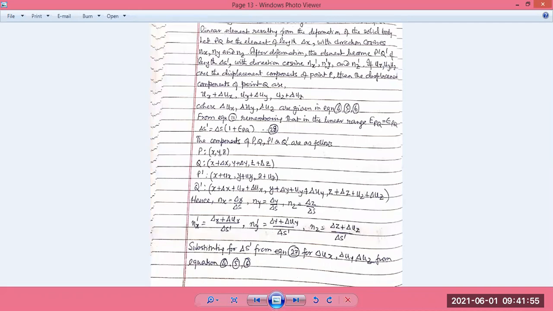Delta s dash is equal to 1 plus epsilon PQ times delta s, where epsilon PQ is the strain, or rate of change of delta s per unit length, because epsilon PQ is equal to delta s dash by delta s itself. So you replace delta s dash by 1 plus epsilon PQ times delta s.